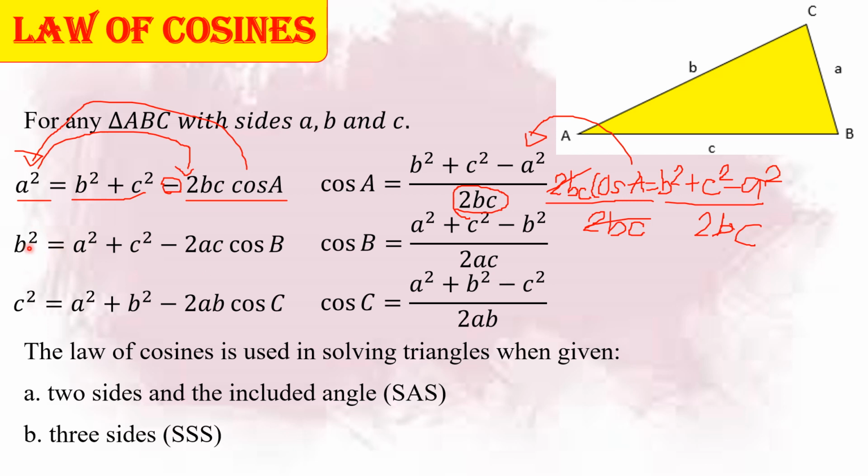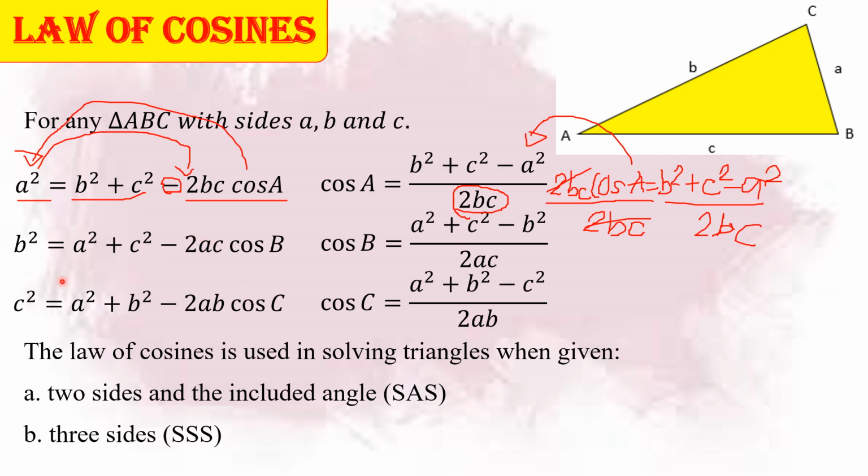So si B squared dito, ililipat nyo lang siya dito para maging negative B squared siya. Since si cosine B ang hinahanap natin, you can just input here the cosine B. And then, si negative 2AC, lilipat nyo din siya sa kabila. So, parang ang magiging itsura niya is 2AC times cosine B is equal to A squared plus C squared, and then yung nilipat nyo na negative B squared.